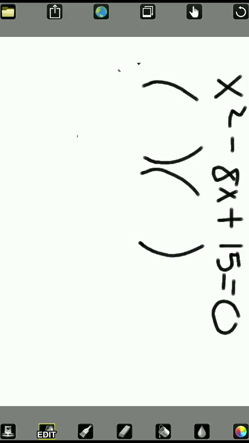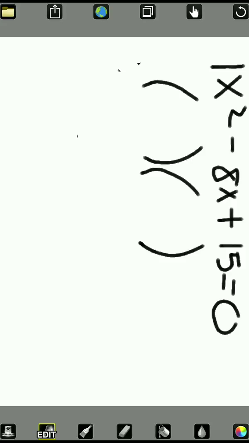And notice, even though you can't see it, there is a 1 in front of the x squared term. And there's always an implied 1 if there's nothing there.